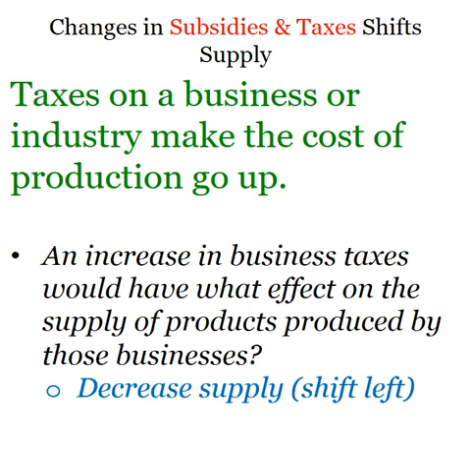So if there's a certain type of product that the government is trying to discourage production of, they could raise business taxes on that good, and that will cut supply. So an increase in subsidies increases supply because they're getting paid to produce each one, whereas an increase in taxes decreases supply because the business has to pay money to produce it. It hurts their profits.